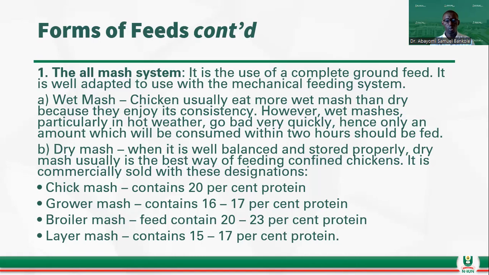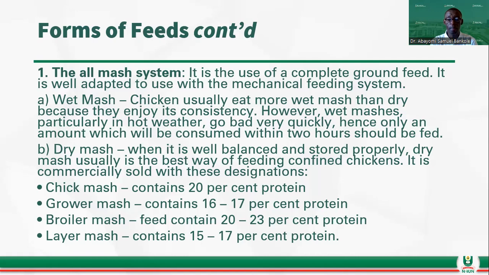Dry mash, when it is well balanced and stored properly, usually is the best way of feeding confined chicken. It is commercially sold with these designations. The chick mash contains 20% protein, while the grower mash contains 16 to 17% protein.